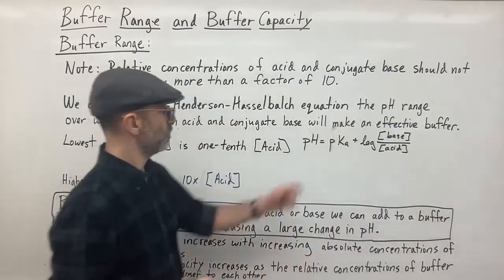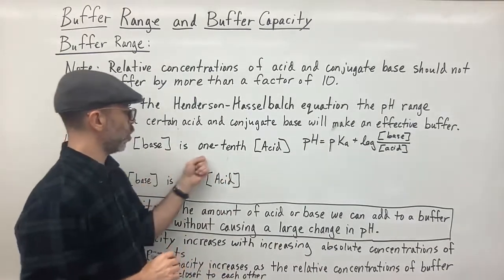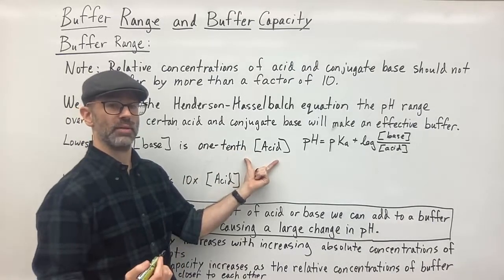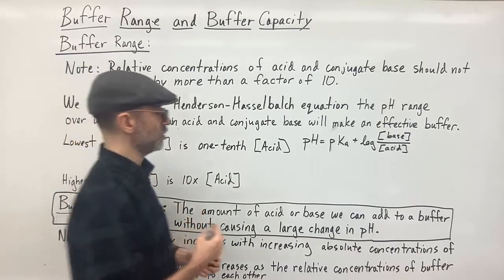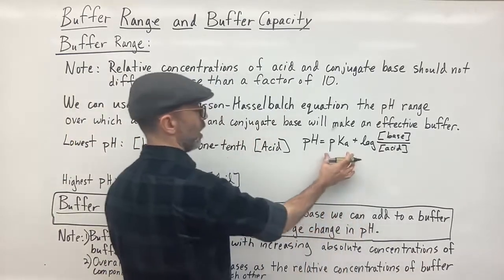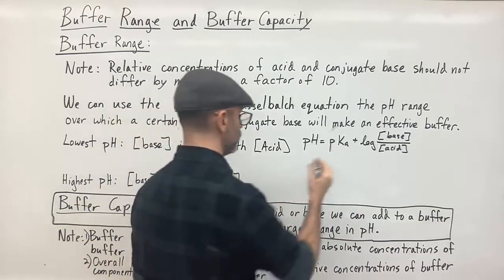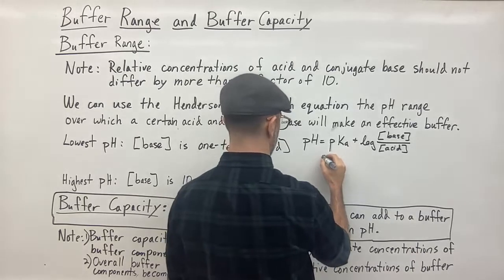Since we know that the base is 1/10 that of the acid, if we assume that the acid is 1, then the base is going to be 1/10 of that. We could plug those numbers in, and we'll use the pKa of 5 like we've done in my other videos.